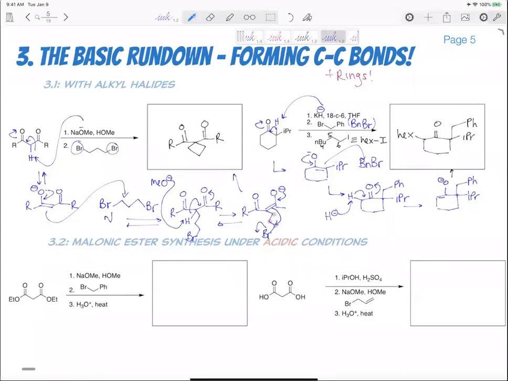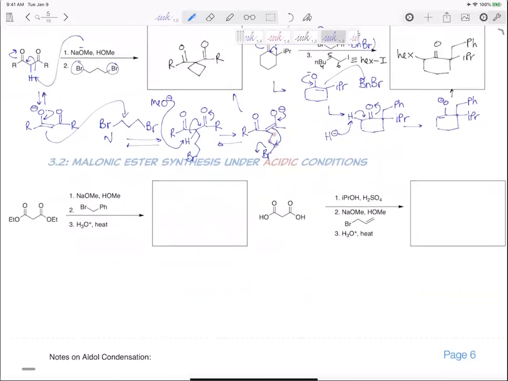Okay, so let's consider the malonic ester synthesis first under acidic conditions. When you have acidic conditions, just look out for H3O plus and heat.